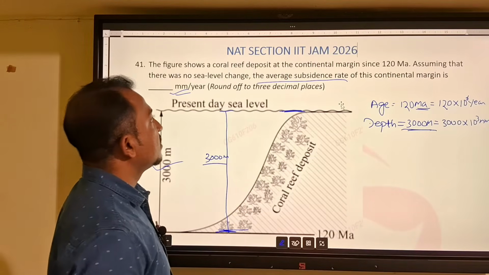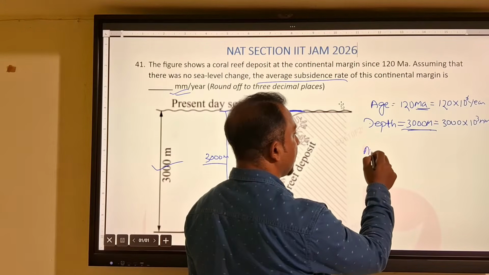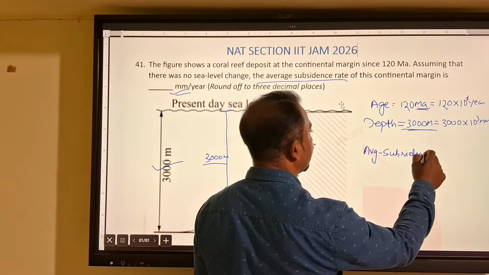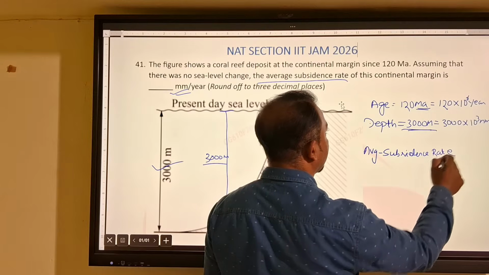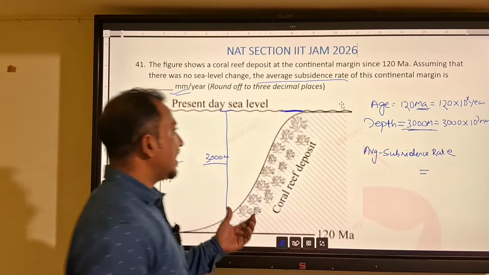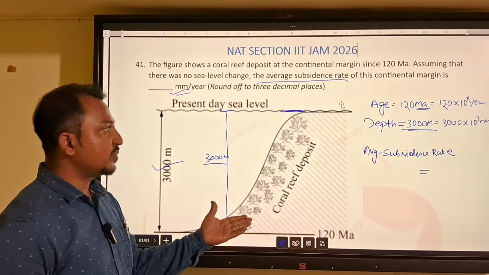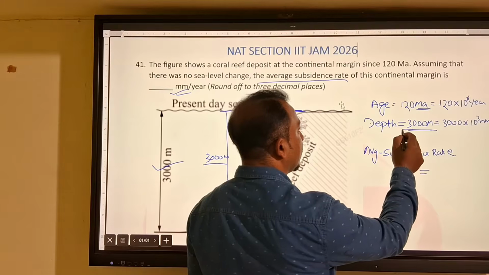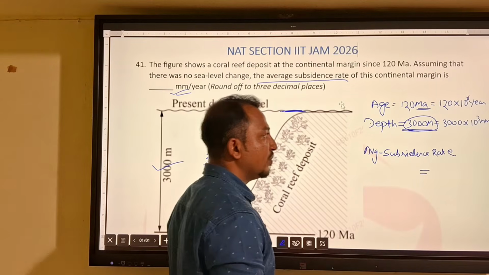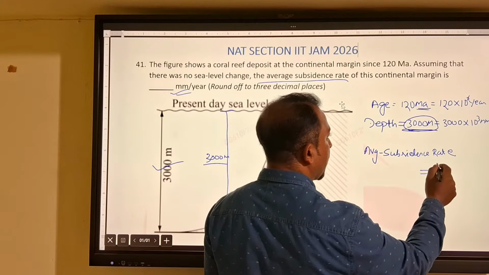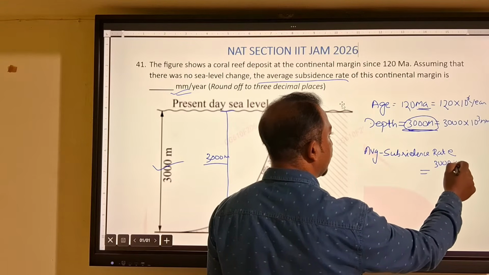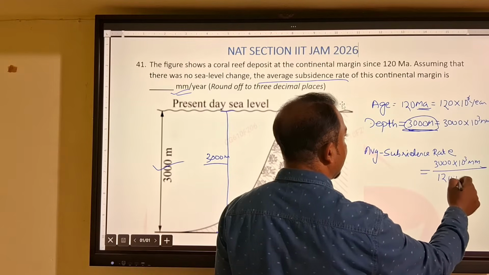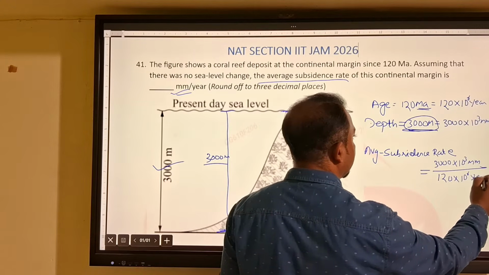Now the average subsidence rate will be the depth of subsidence, 3000 meter, divided by the age taken for the subsidence, that is 120 million years. So we'll calculate 3000 into 10 to the power 3 mm per 120 into 10 to the power 6 years.